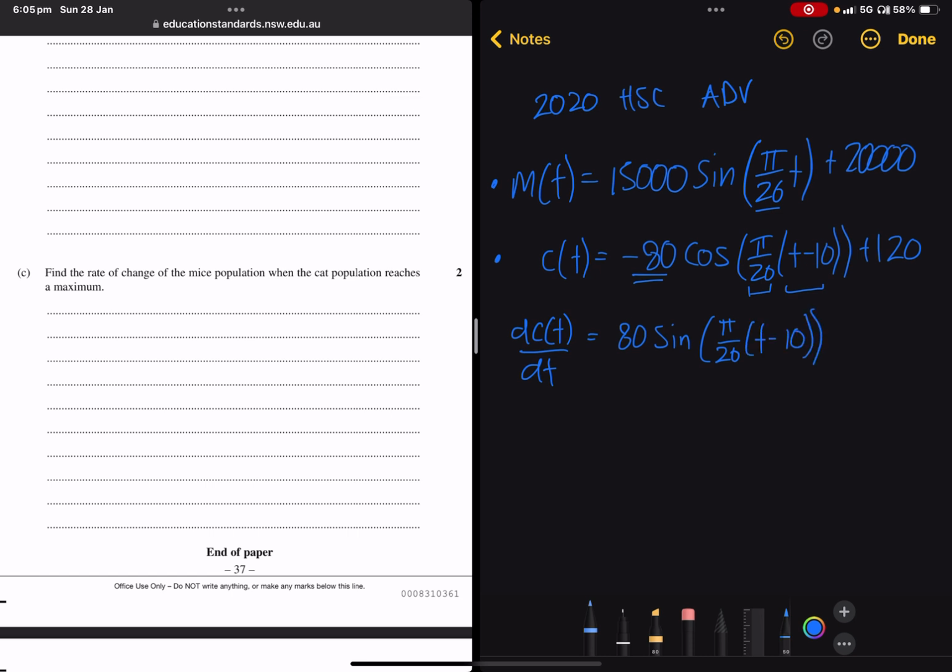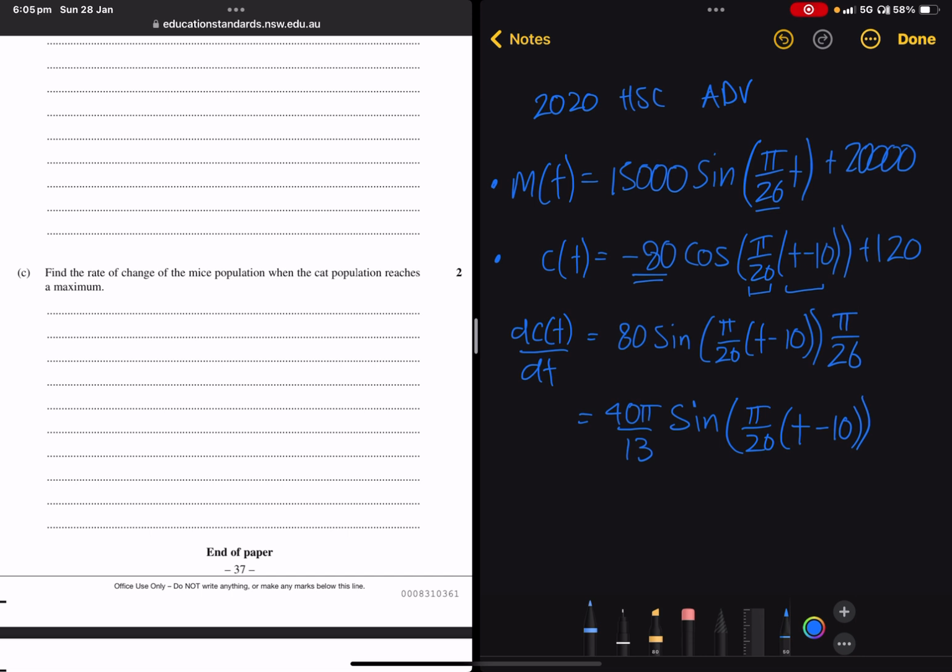And then we're going to multiply this by the derivative of the inside, which is pi on 26. So here we end up with 80 times pi on 26, that's 40 pi on 13, multiplied by sine of pi on 26 times (t minus 10). And this is our derivative.